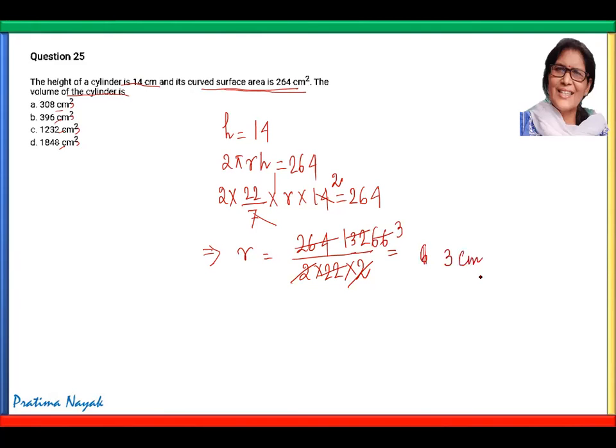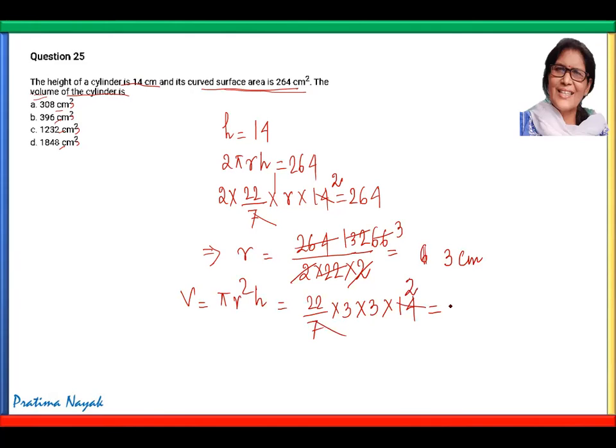Where is 3? Oh, we have to get the volume. We got only the radius. Next, we'll go for the volume because the question is about volume, not radius. Volume is equal to pi r square h. Pi is 22 by 7, r square is 3 multiplied 2 times, and h is equal to 14, 7 2 times gives you 14.